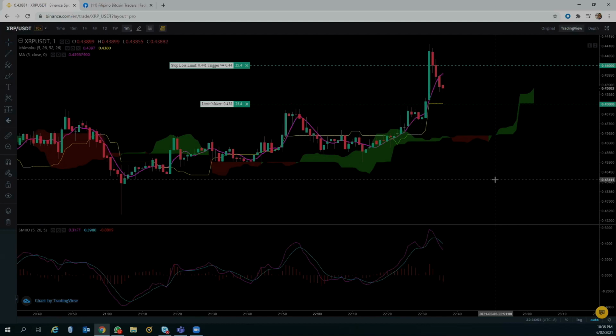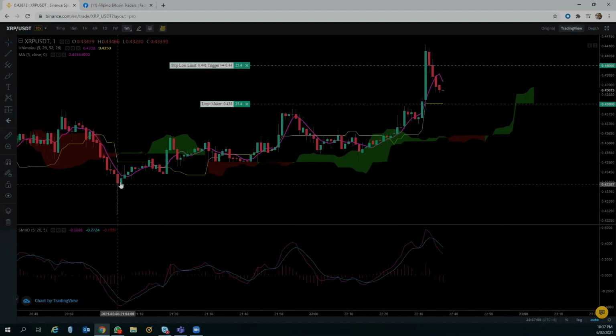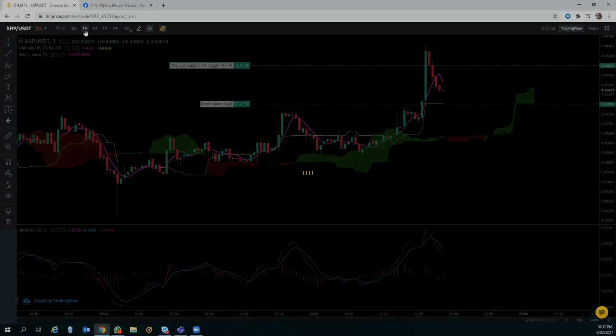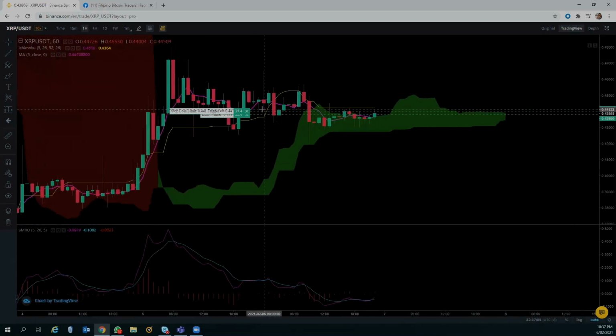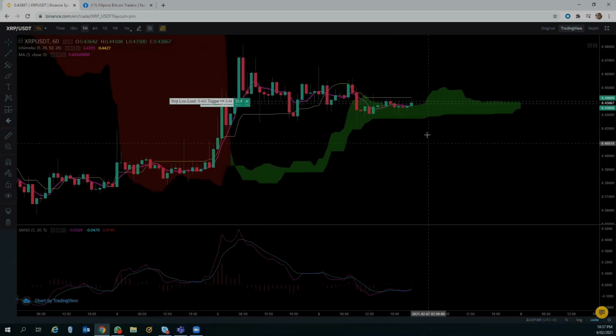So, yun ang iniiwasan natin. Kasi let's say, for example, if mag-trade ka sa 1 minute, ito for sure lost to. But if you are going sa 1 hour, tingnan mo. Yan. So imagine, ganun ang gap.